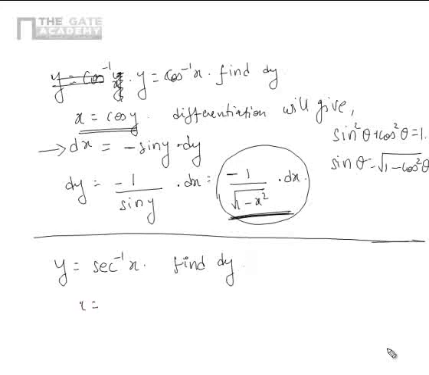x is equal to secant y, which will imply dx is equal to, what? Differentiation of secant y will be secant y tan y dy. Again we are doing function of function.